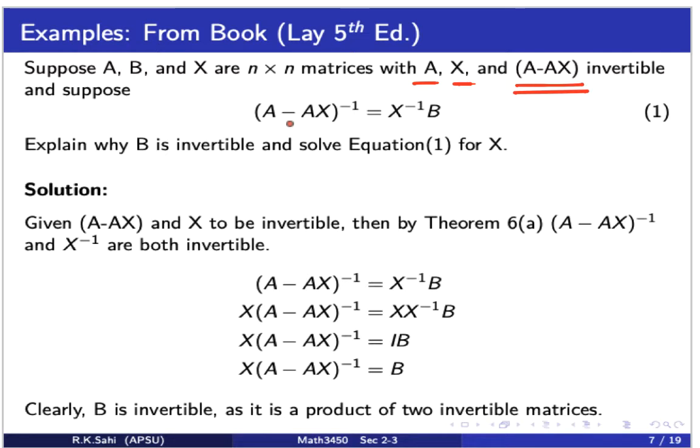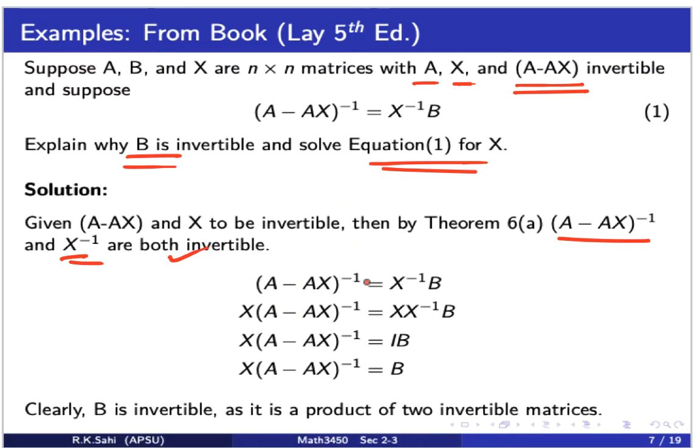And also we are given the relationship that (A minus AX) inverse equals X inverse B. We are asked why B is invertible and can we solve this equation 1 for X. Before we proceed, keep things in mind from Theorem 6 that if X and A minus AX are invertible, that means their inverses are also invertible, which in turn means that (A minus AX) inverse and X inverse are also both invertible.